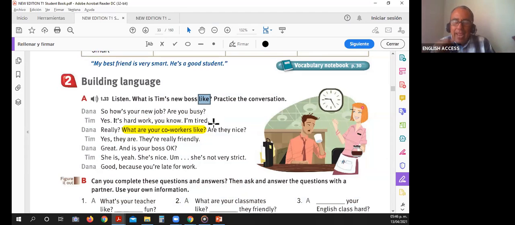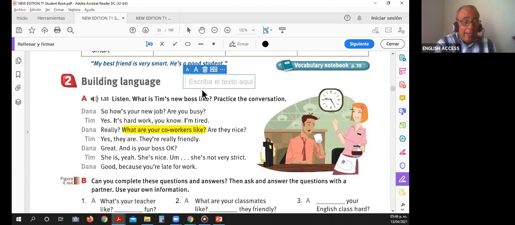But in this case, like is to compare something or to find a description. Like meaning what kind of person is he or she? Look at the question. What is Tim's new boss like? In this case, you can translate like as como.